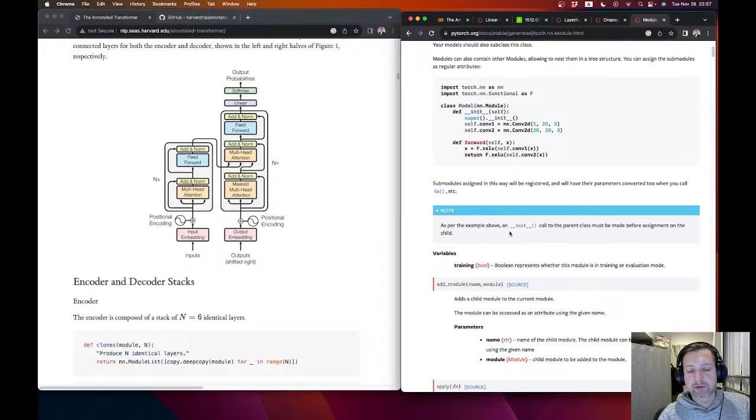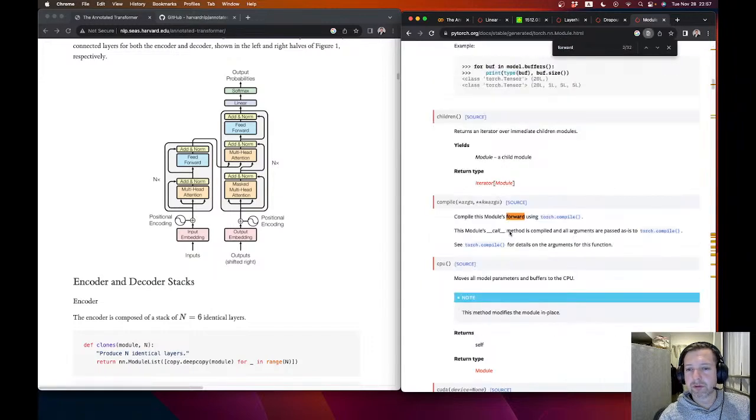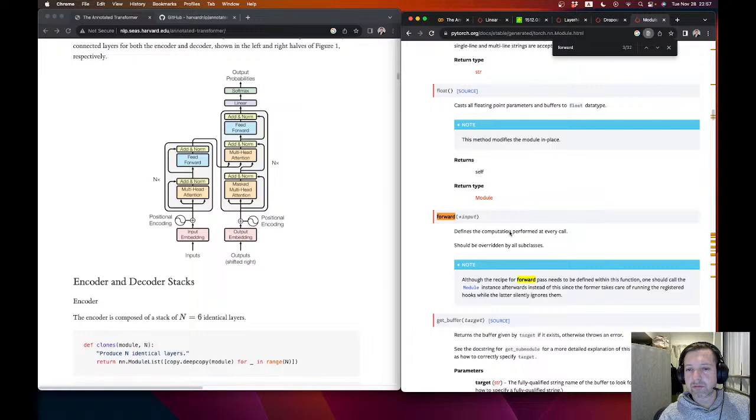Yeah, you should call them module instance.